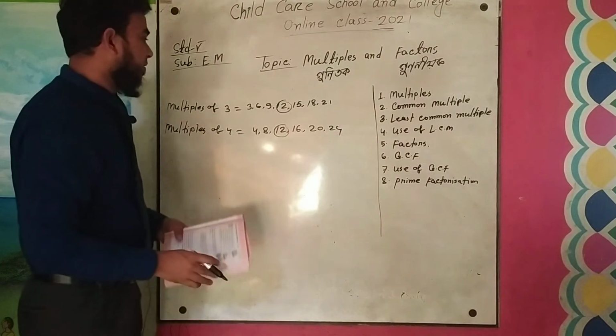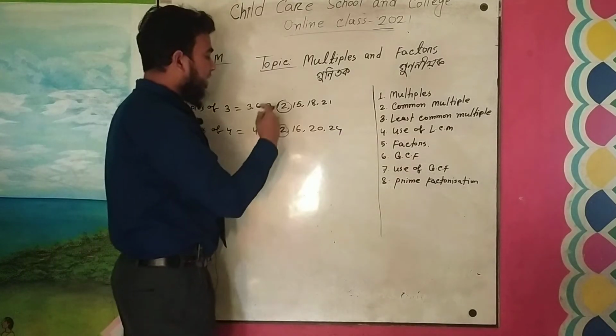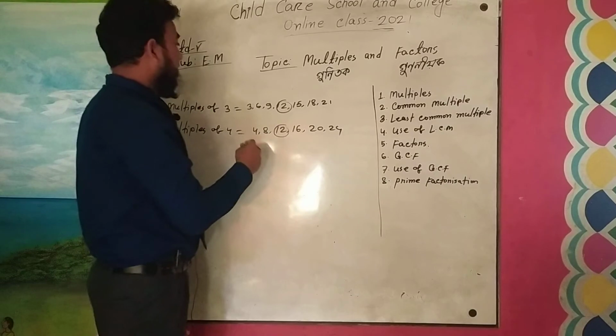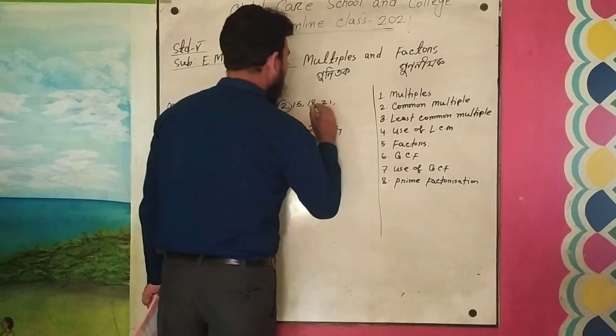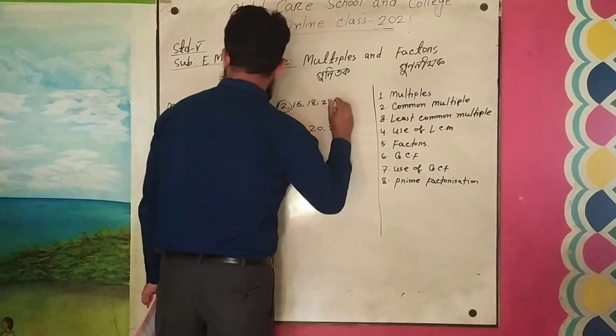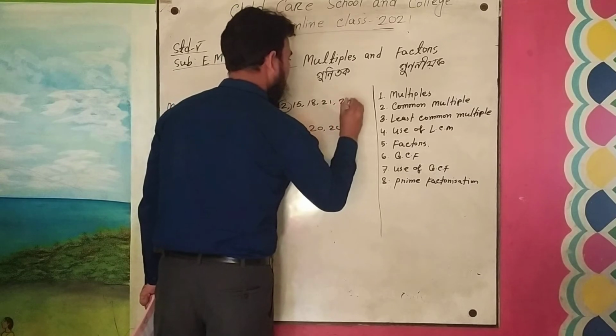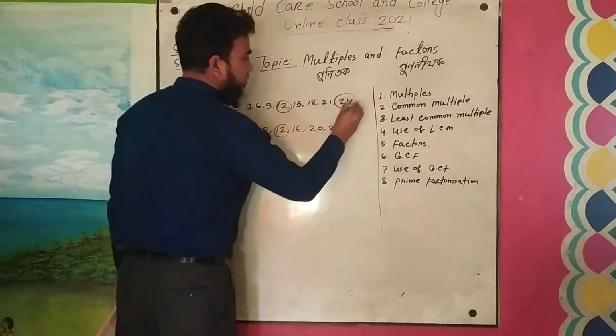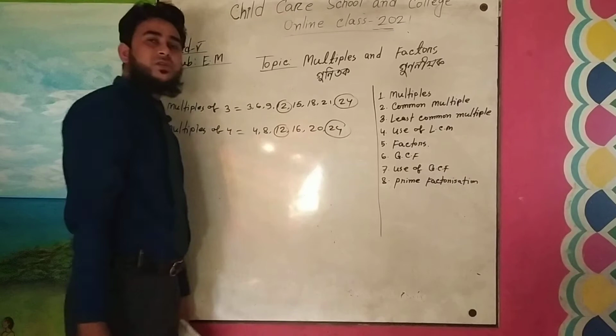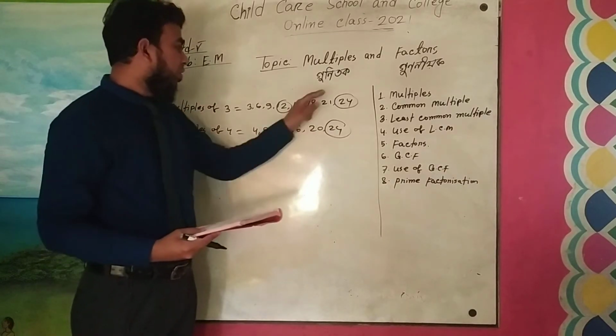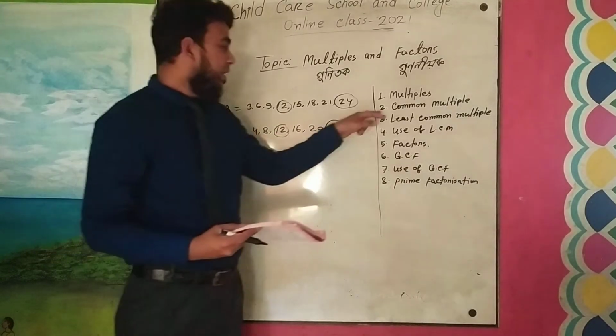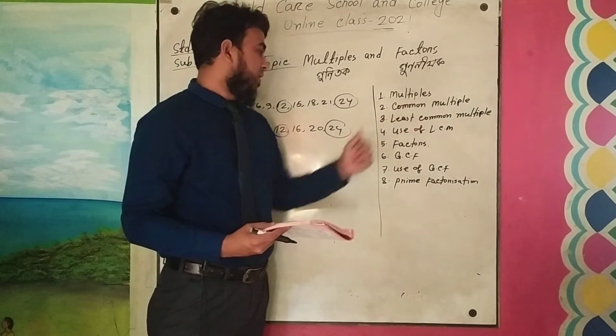These are common multiples. Then you can go ahead and get more. If you write 24, then it is also common. So these are called common multiples. This is our step number 2, common multiple.